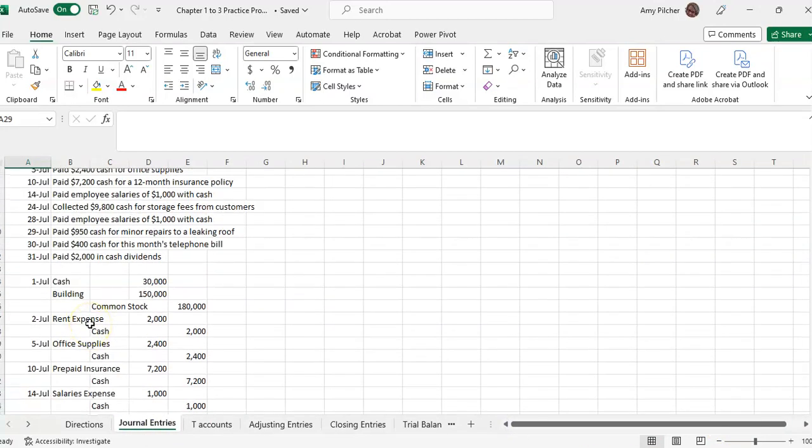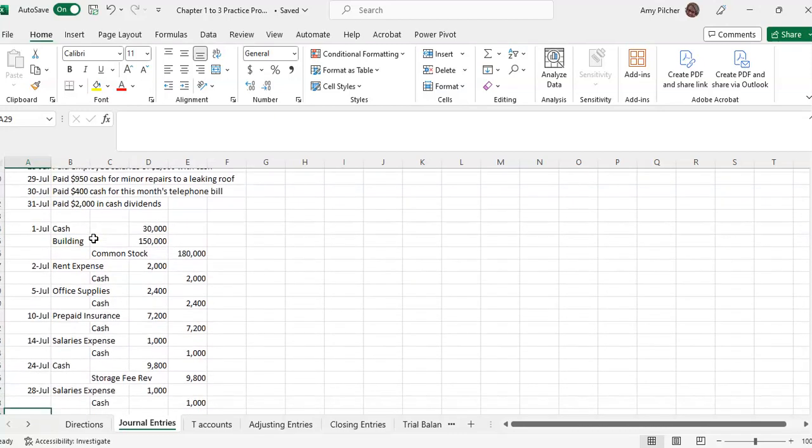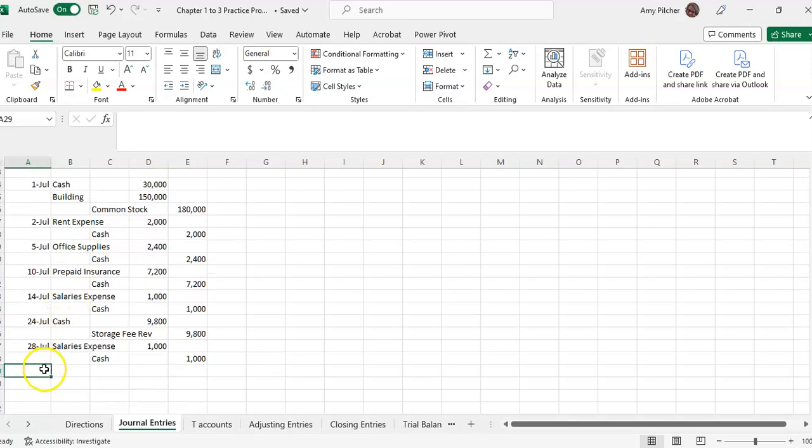Just a couple more journal entries left. So on July 29th, we paid cash for repairs to a leaking roof. July 29th, we have a repairs expense of $950, and we paid cash of $950.